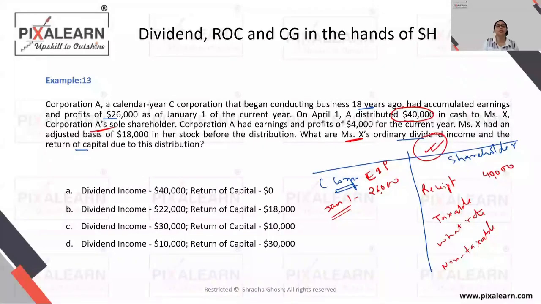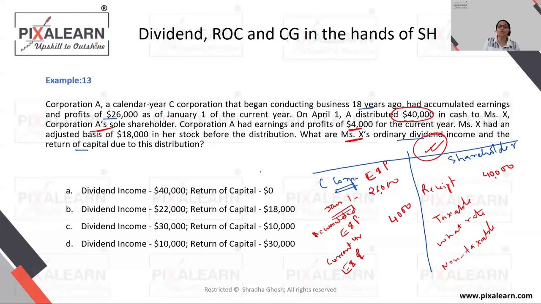You received $40,000. The C Corp had earnings and profits of $4,000 for the current year. So the $26,000 is accumulated earnings and profits, and then you had current year earnings and profits, and this amount was $4,000.